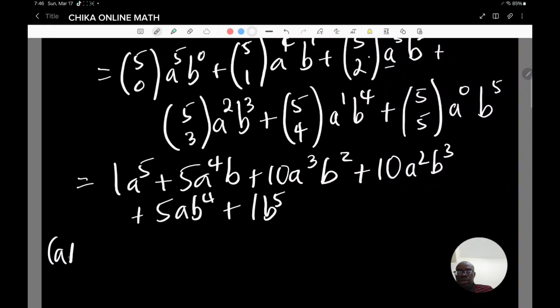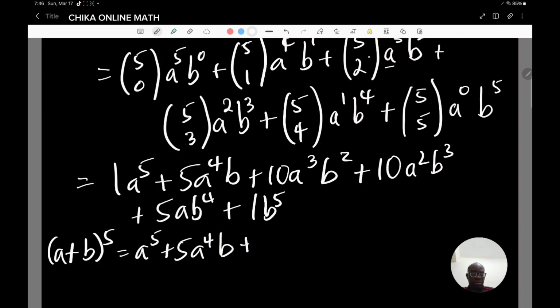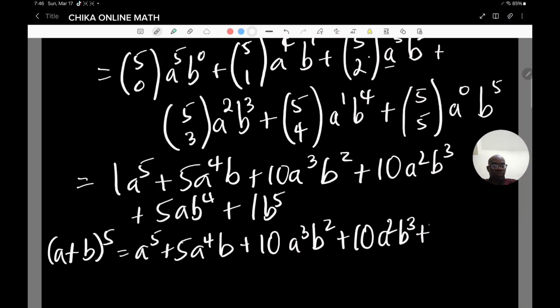So (a plus b) raised to power 5 is nothing but 1a raised to power 5, which is a raised to power 5, plus 5a raised to power 4 b, plus 10a raised to power 3 b squared, plus 10a raised to power 2 b cubed, plus 5a b raised to power 4, plus 1b raised to power 5, which is same thing as b raised to power 5.